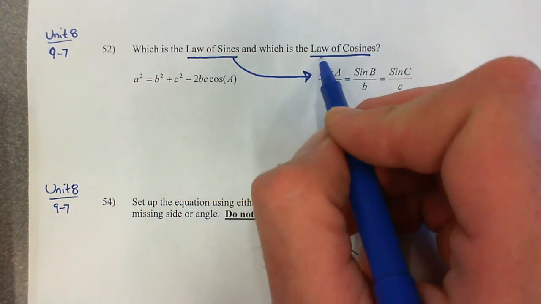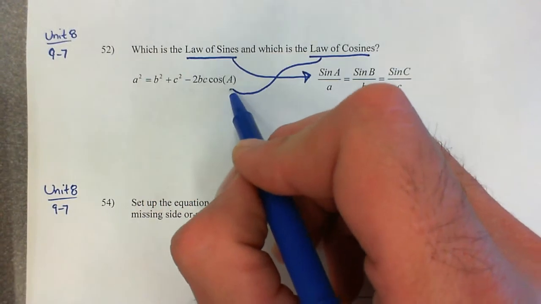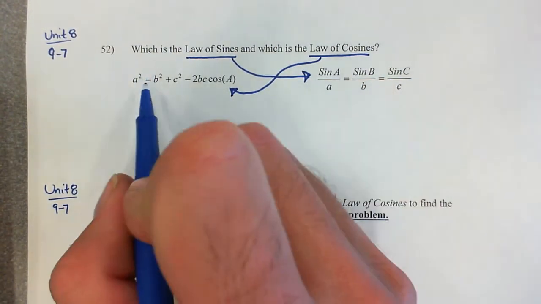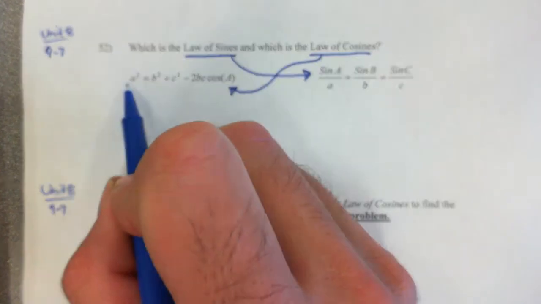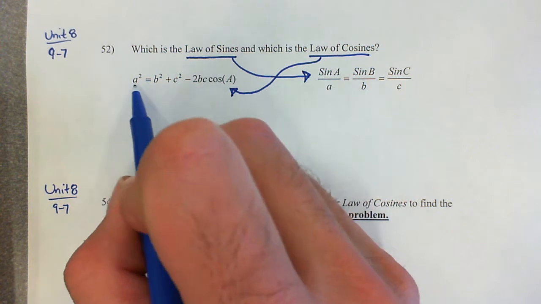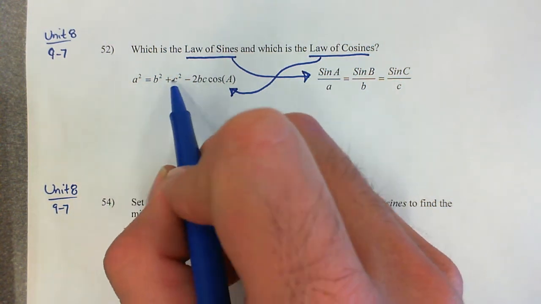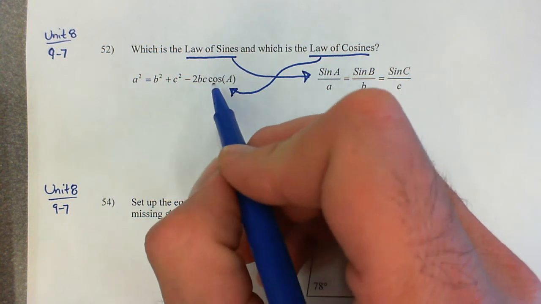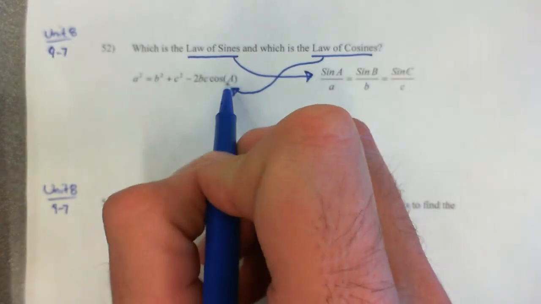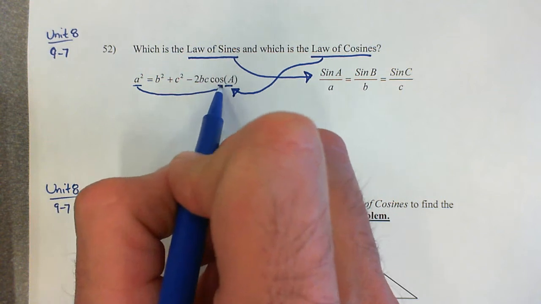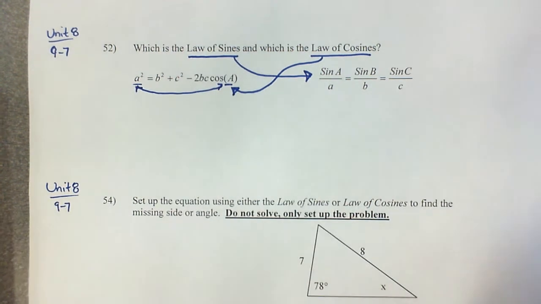The law of cosines is going to be the one with the cosine in it, which is where you square each of the sides, kind of looks like the Pythagorean theorem a little bit, minus 2 times these two sides multiplied together times the cosine of the angle, and recall that this angle has to be across from that side. Those have to be opposites.